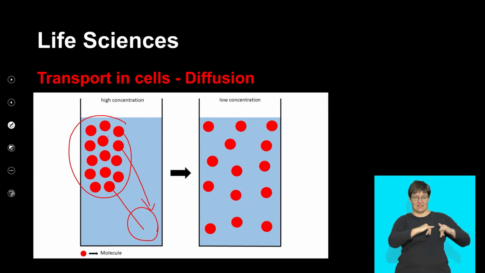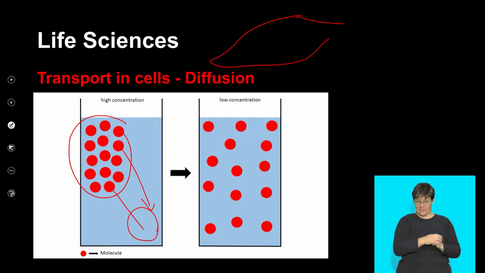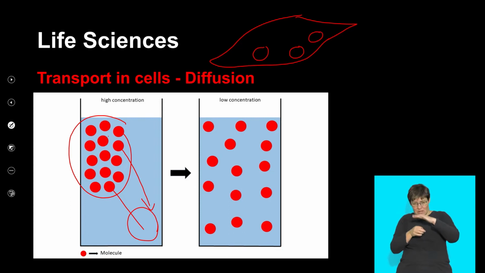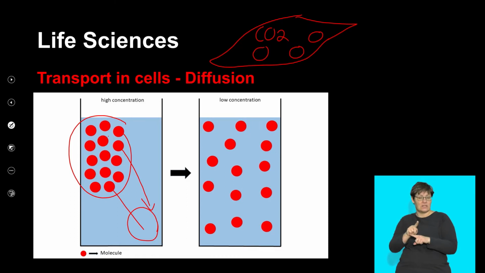I'm going to show you a concept that you're going to come across later. For example, here I'm going to draw a leaf. At the bottom of the leaf, there are little holes that can open and close. They are called stomata. A plant needs to photosynthesize, and the plant needs carbon dioxide.